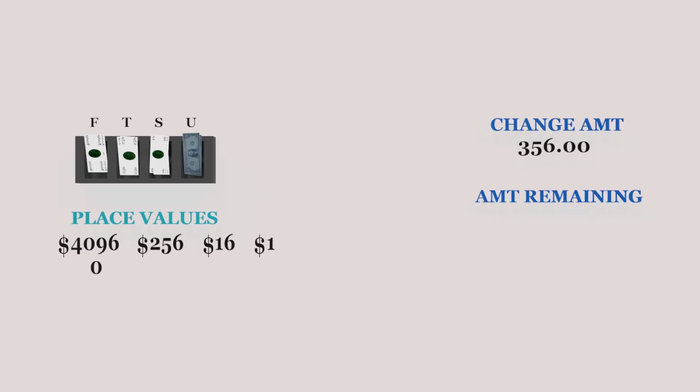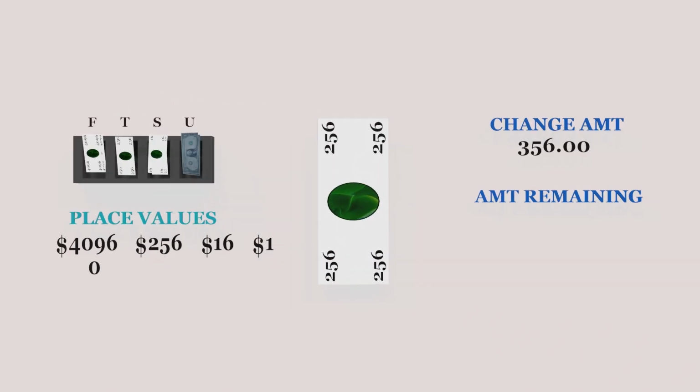We'll then go to the next smaller denomination in value, the $256 bill. Will the cashier give you any of these bills? Yes, because a $256 bill is smaller than the amount to be given out in change. How many $256 bills would the cashier give you? He or she would give you one $256 bill because that is the most he or she can give you without exceeding the change amount.